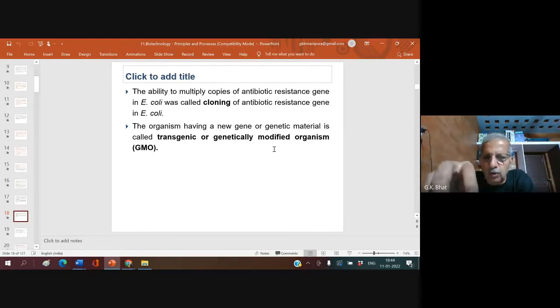After adding it to the E. coli, we want it to get into multiple copies, and it's called cloning. The organism having a new gene or genetic material is called a transgenic or genetically modified organism.